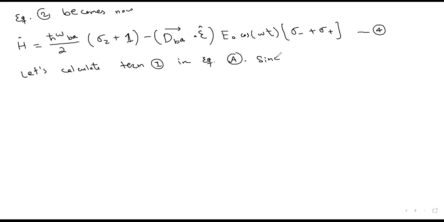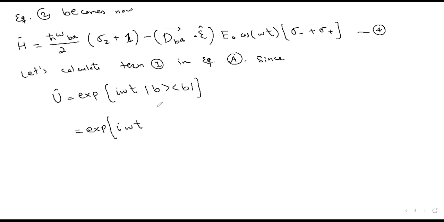Since the unitary operator is exponential of iota omega t, this is my unitary operator, and correspondingly the U dagger term will just be the term with minus iota.